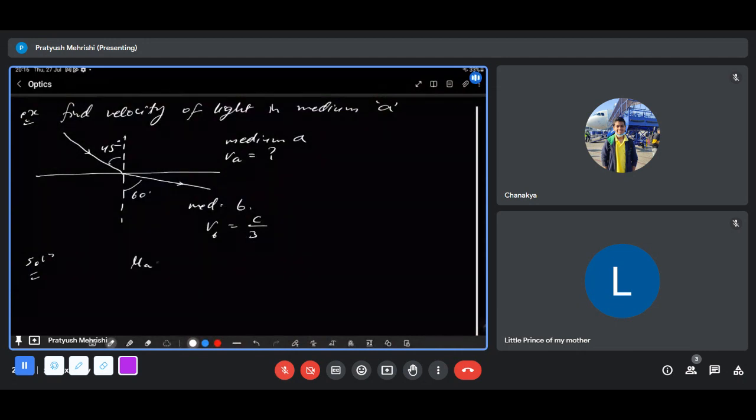See, here mu A sine I. What is mu1 here? Mu1 is the medium from which the ray of light is incident, and mu2 is the medium in which the ray of light is going inside.